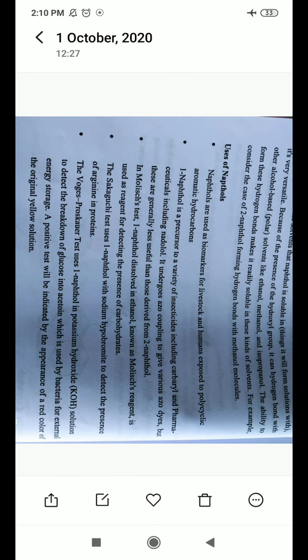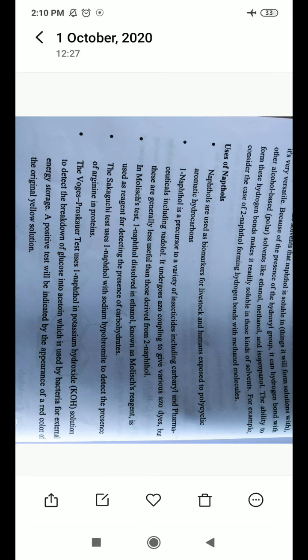In biochemistry, we have to perform different analysis parameters or identification tests for carbohydrates, proteins, and other biomolecules. So 1-naphthol can be used for preparation of Molisch reagent. 1-naphthol dissolved in ethanol is nothing but your Molisch reagent.